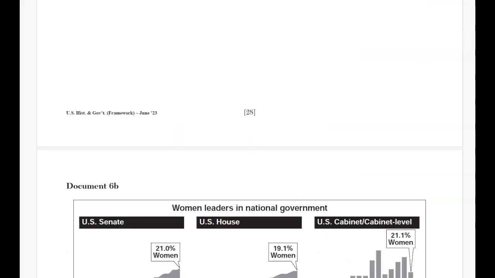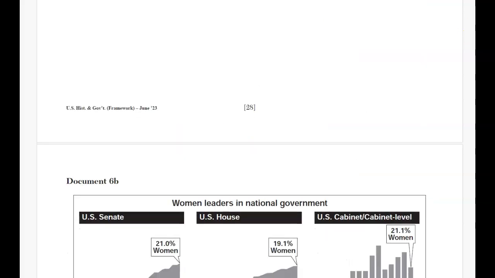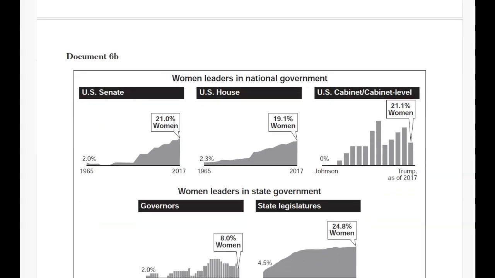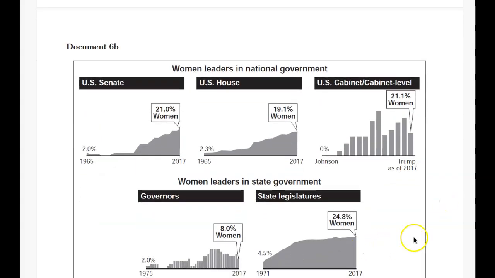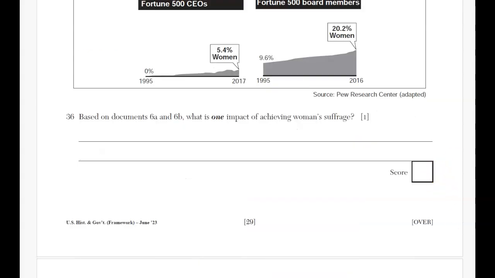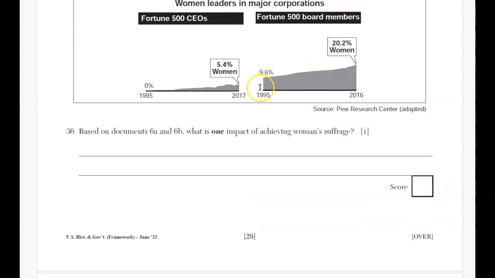So here you see, if women are 50% of the population, they're really 20 to 25% of most of these leadership jobs, and in cases like governor and CEO, they're under 10%, barely over 5% here.